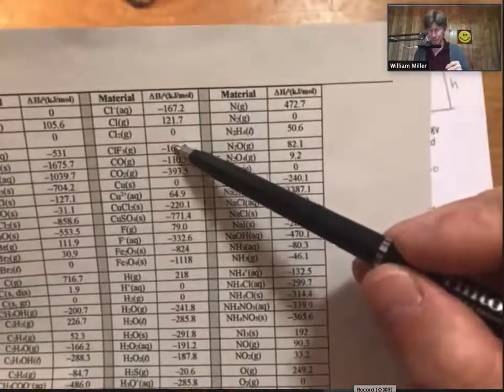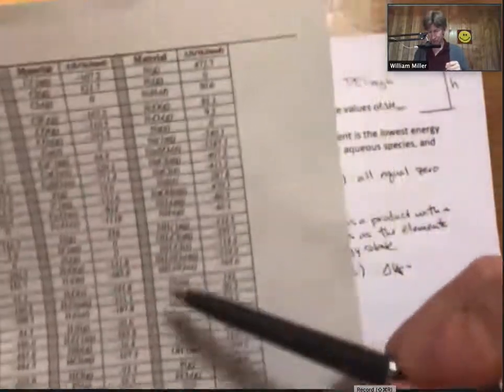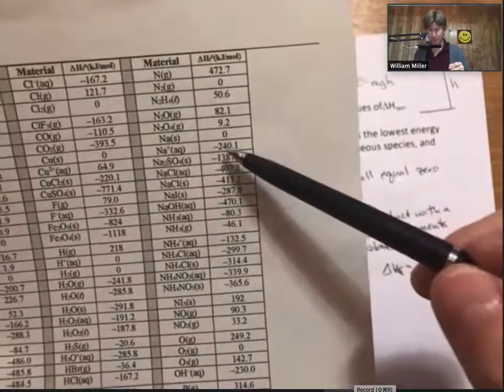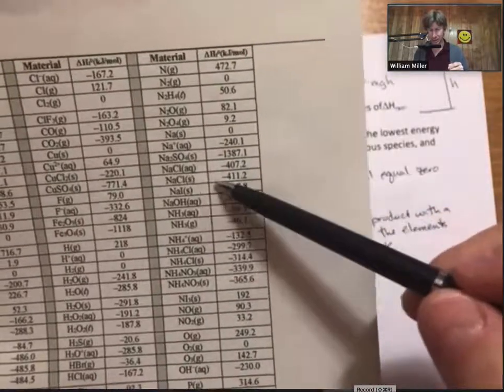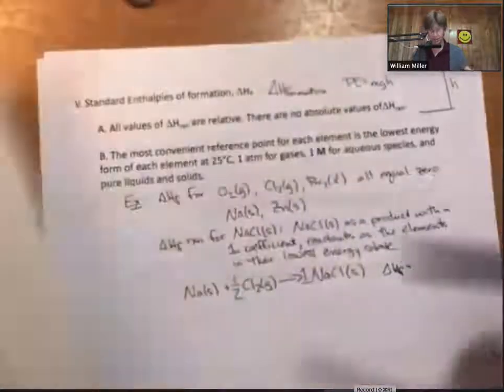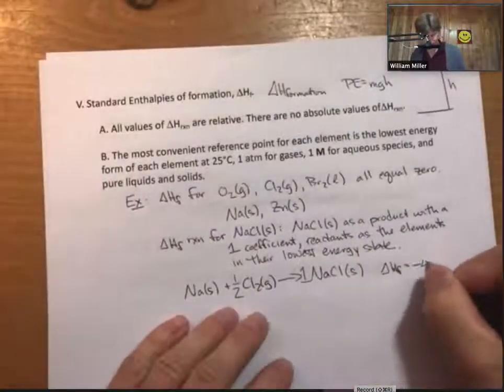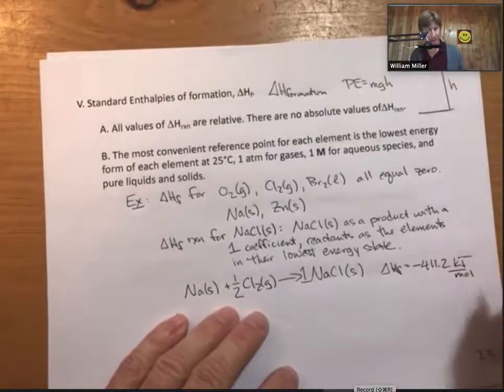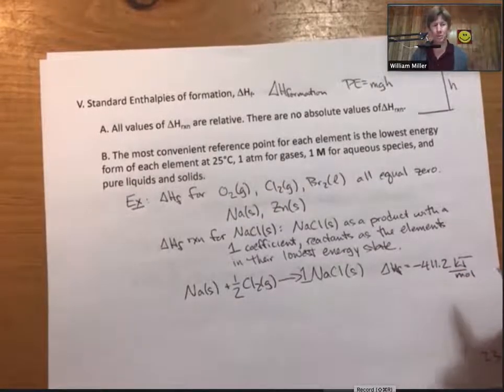Cl2 is 0, sodium solid is 0 as well, and sodium chloride solid is minus 411.2. And the units of all those on that table are kilojoules per mole.